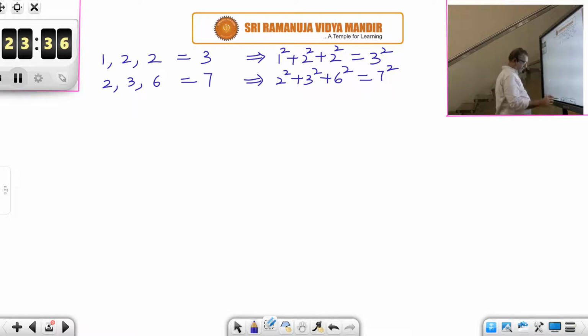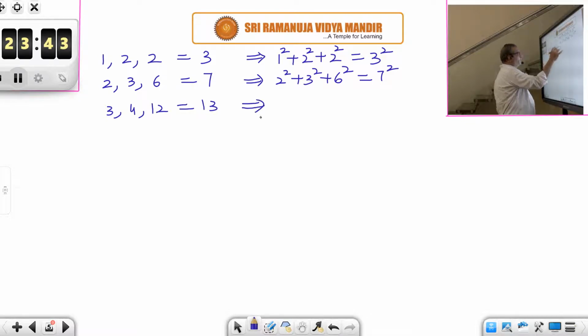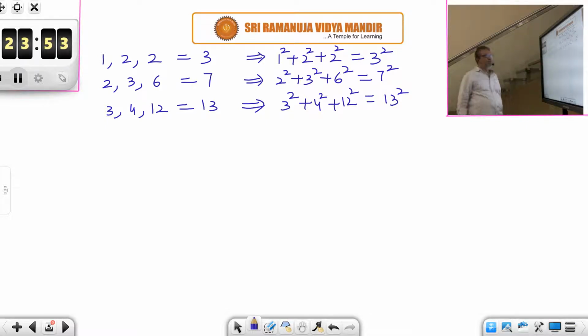Next one is 3, 4, 12 is equal to 13. It means 3 square plus 4 square plus 12 square is equal to 13 square. Here Pythagorean numbers are coming. We know that 3 square plus 4 square is equal to 5 square.